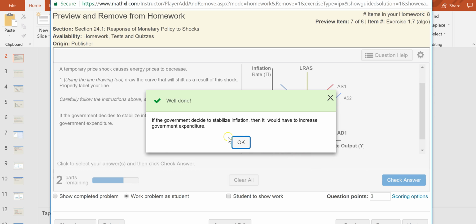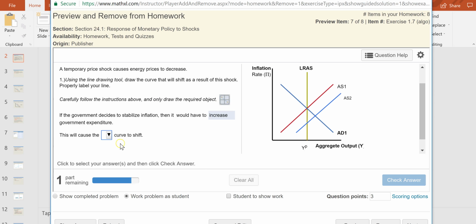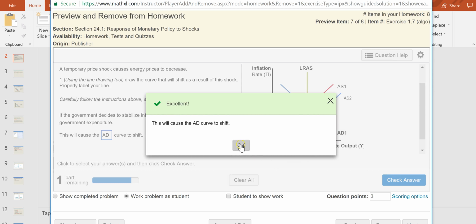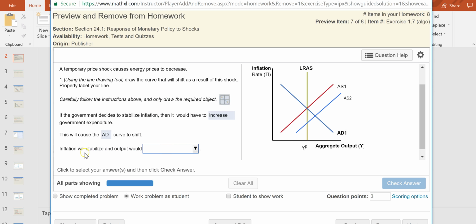So now let's check our answer. We're done. And this will cause which curve to shift? As we just explained, this will cause the AD curve to shift. Excellent. And inflation will stabilize.